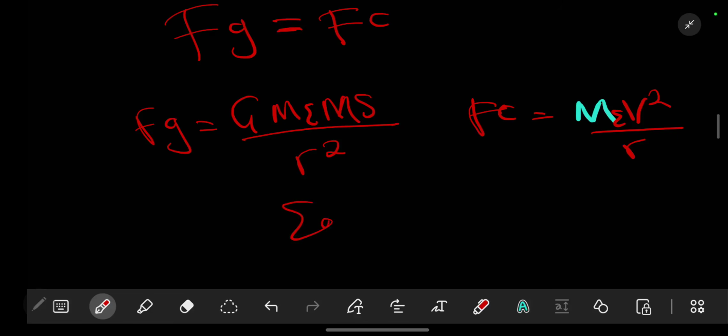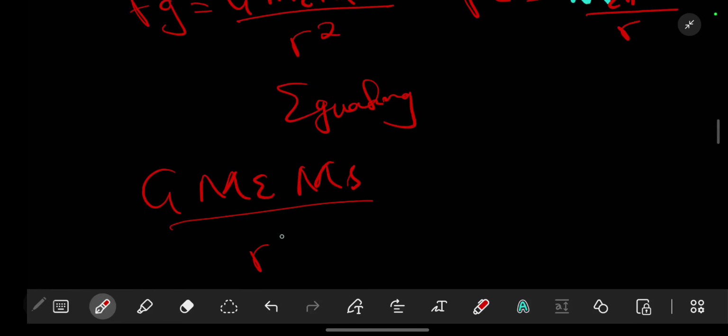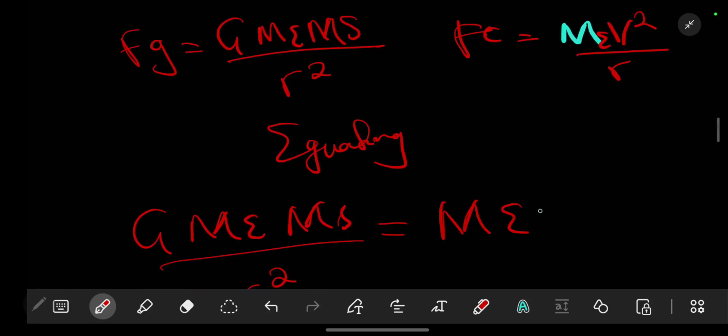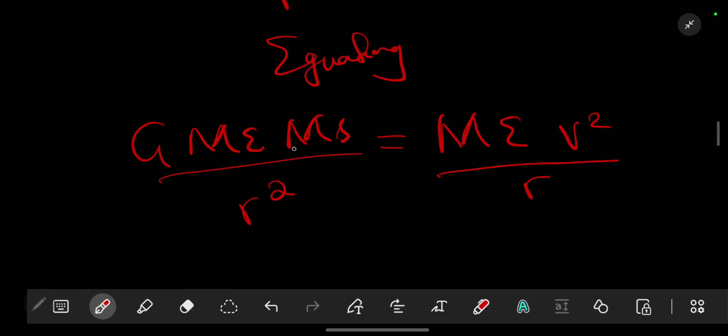Therefore equating, we get G me ms over the radius squared should be equal to me v squared over r. Me is common on both sides, so we can cancel it.